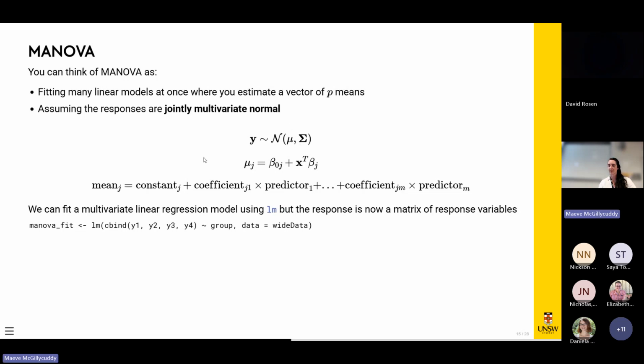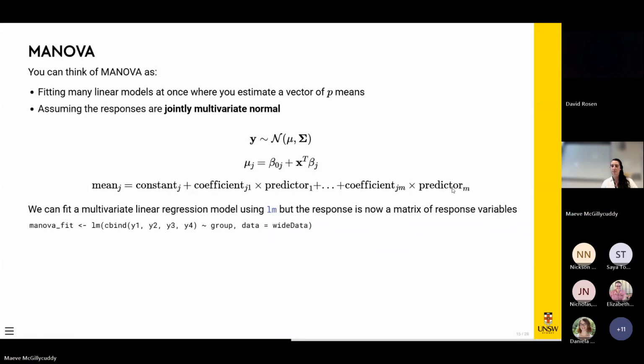And I'll cover that in a second. But again, instead of just looking at one mean for our one response, we're looking at p means. So mean j is the jth mean for the jth response. And we have, again, just our linear relationships.